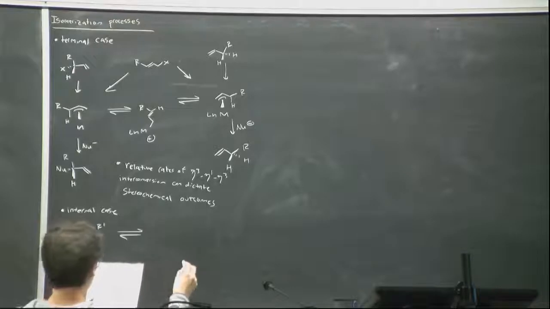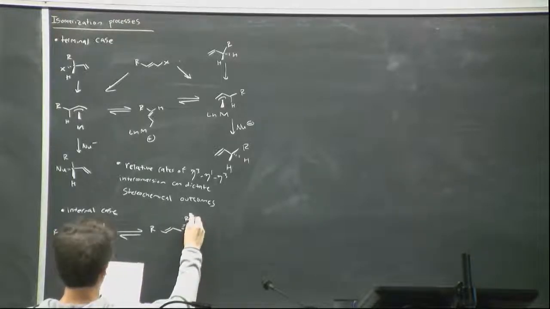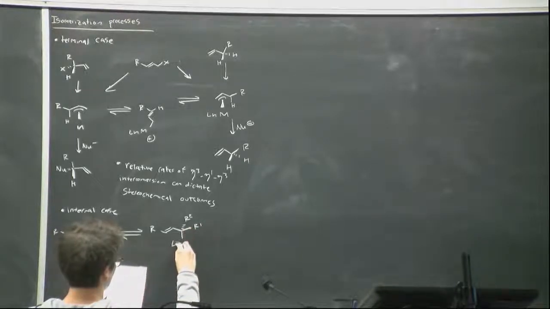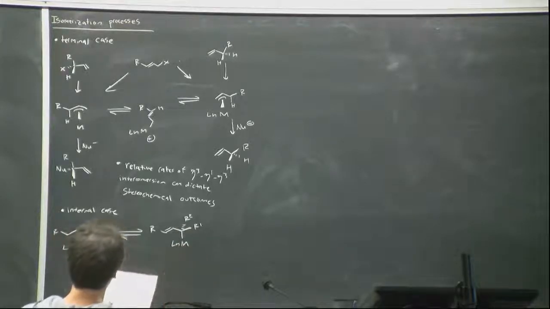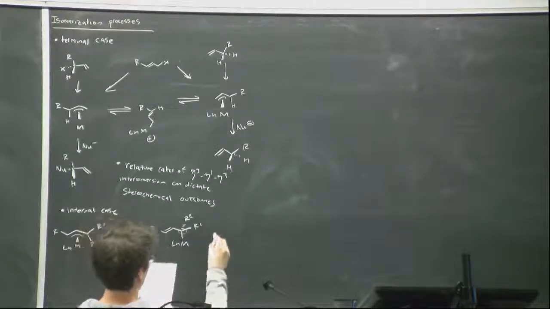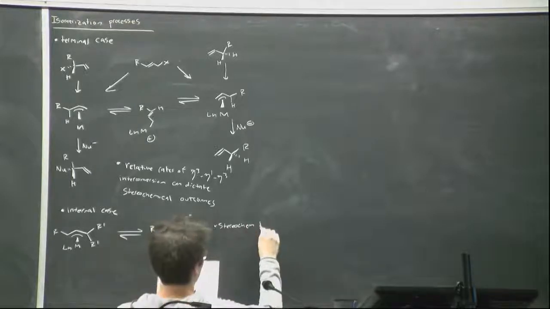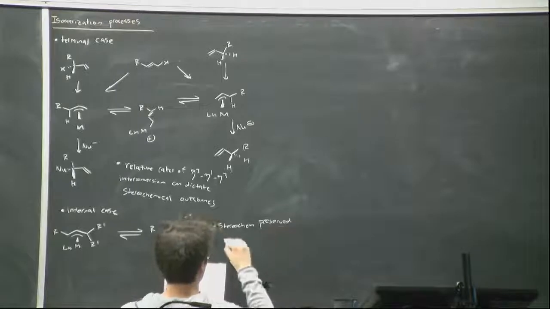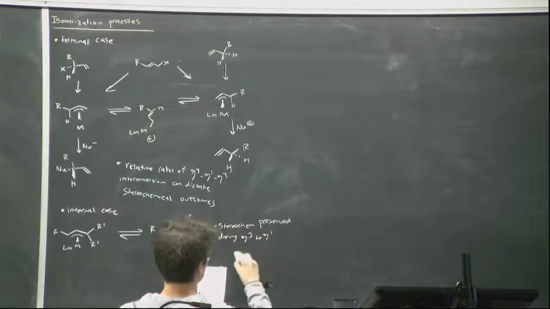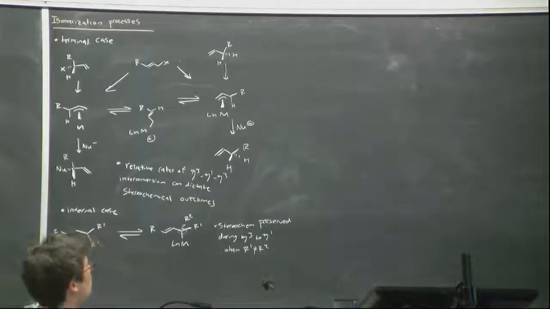But in an internal case, when you undergo eta-3 to eta-1 tautomerization, the stereochemical information is transferred to the stereocenter of the carbon-metal bond, as long as R1 and R2 are different.